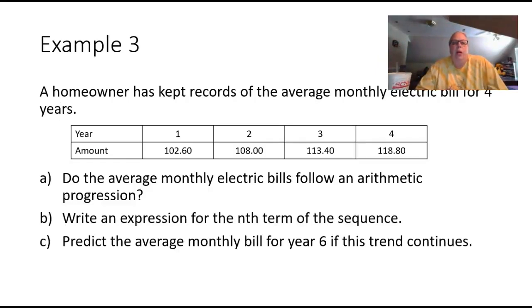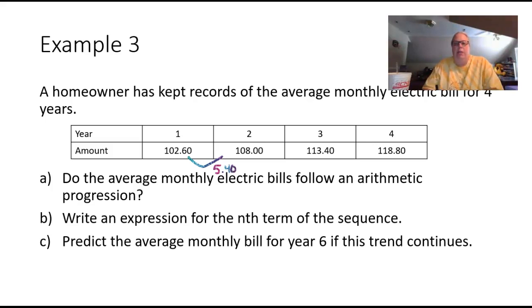Example 3, a homeowner has kept records of the average monthly electric bill for 4 years. These results are in the table. Part A, do the average monthly electric bills follow an arithmetic progression? Well, let's see. With help of the calculator, when we subtract 108 minus 102.6, we do get 5.4.